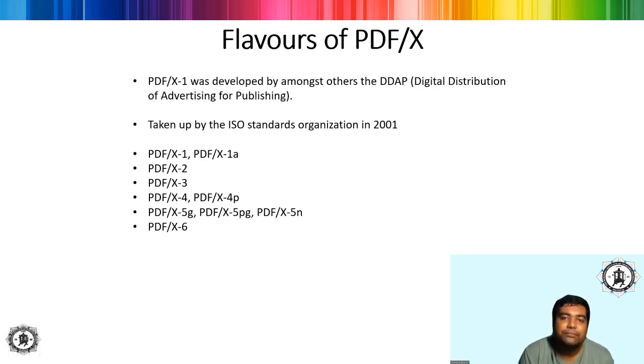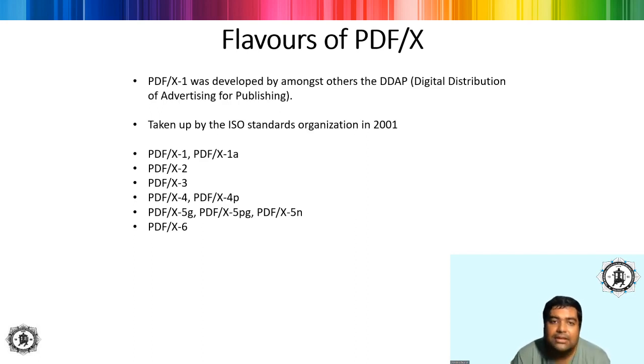This organization received from their members a lot of suggestions and feedback that there should be some specifications, some standards relating to what is and what is not allowed, and even if it is allowed, what parameters these things should have, for the production of PDF files which are meant for printing. Till then, we did not have the PDF/X file format.